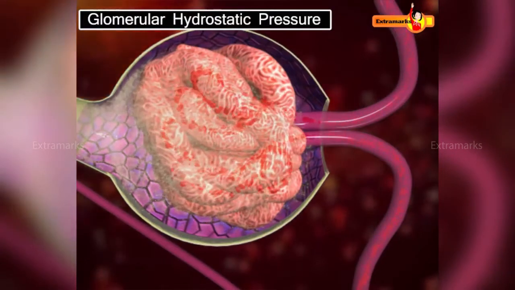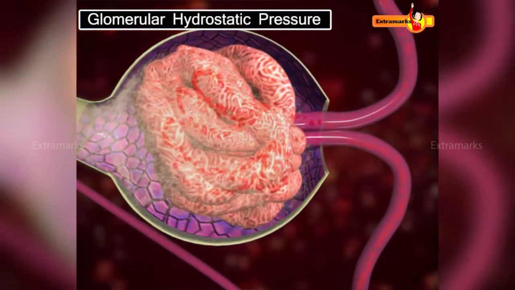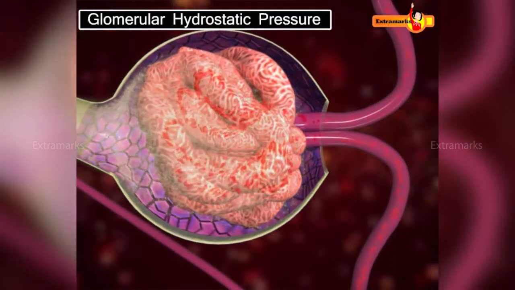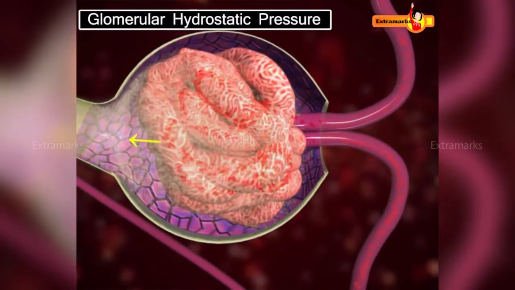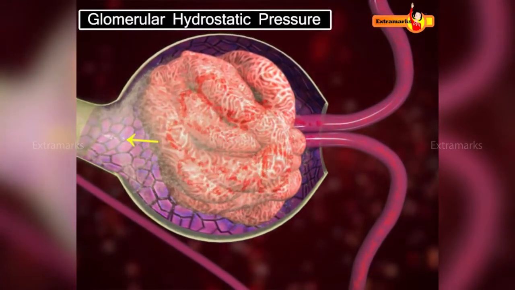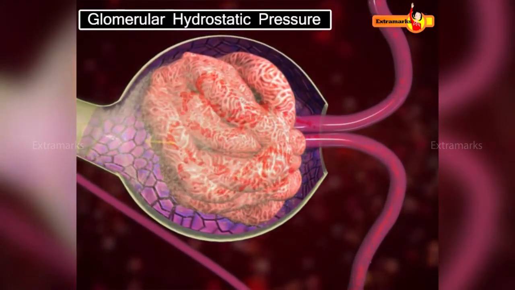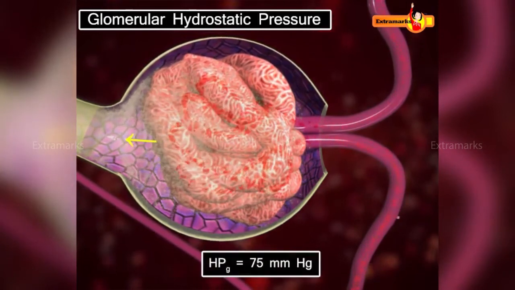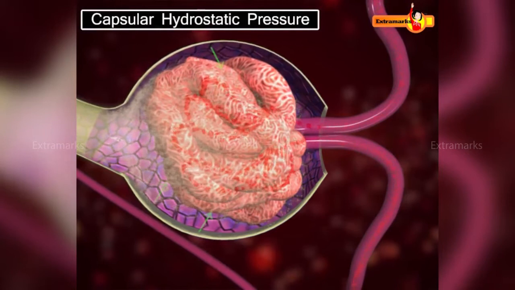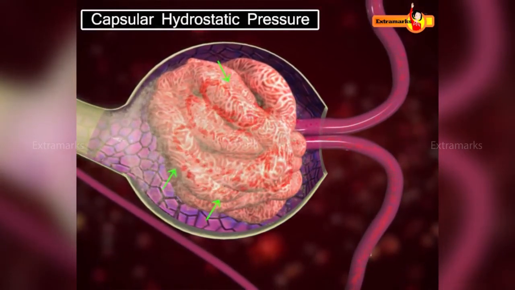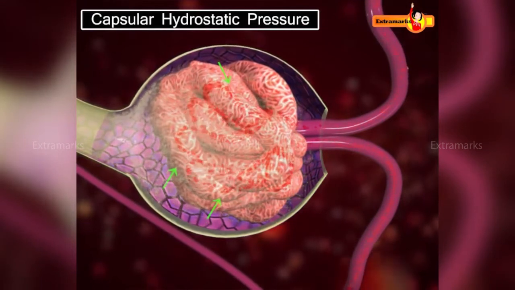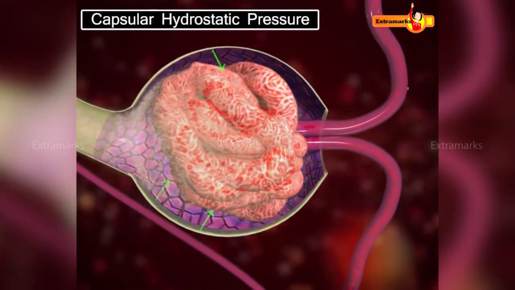Glomerular hydrostatic pressure tends to move fluid out of the glomeruli. It is exerted by the blood passing through the glomerulus. Hydrostatic pressure in the glomerular capillary is 75 mm of mercury. Capsular hydrostatic pressure is the sum of renal interstitial pressure and renal intratubular pressure.